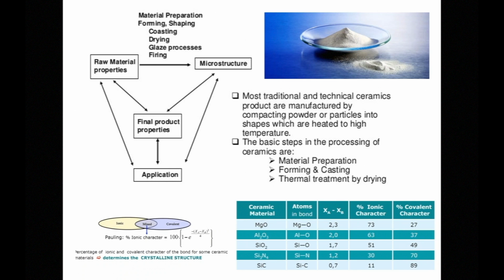The heat treatment gives it its final product properties, and then finally the form factor or the shape determines the application. So a lot of this alloying or composition is basically made on the powder itself.